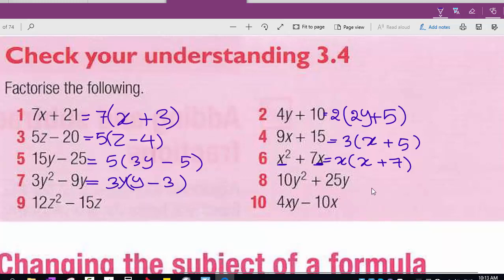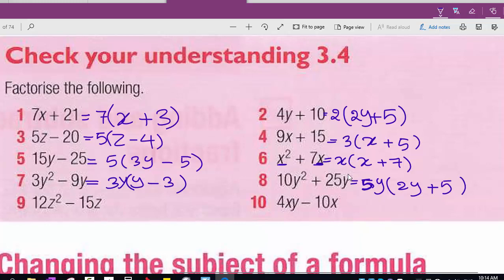Here, 10 and 25 could be divided by 5. Y is common, y is also out. What's remaining is 2y plus 5.